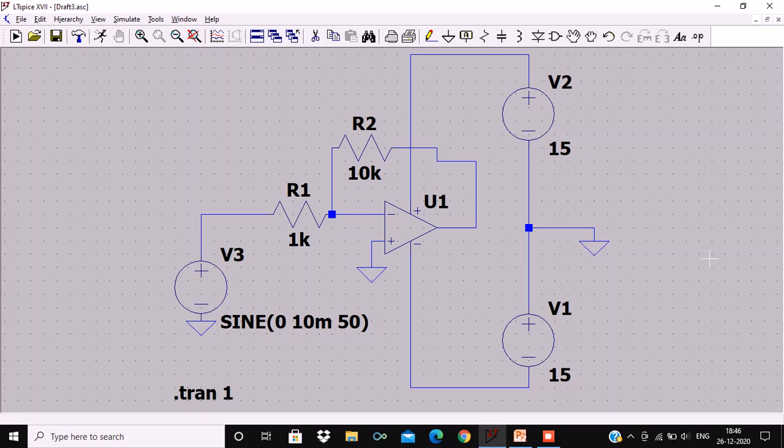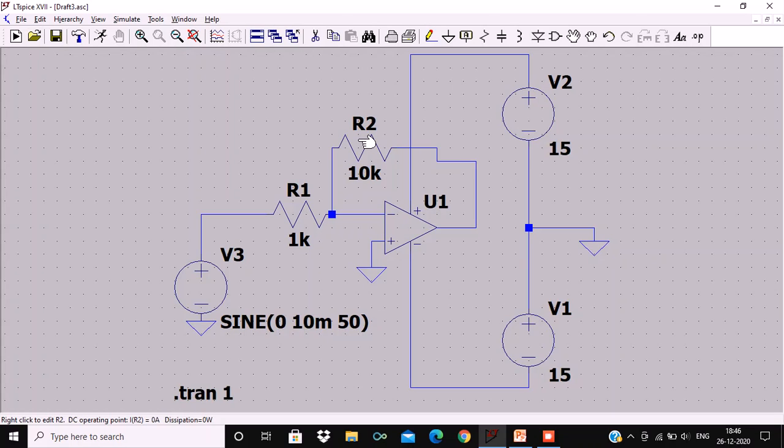For this purpose, we have to choose our two resistance. Let me choose my input resistance denoted by R1 to be 1 kilo ohm and the another resistance, which is feedback resistance, to be 10 kilo ohm. This will give me a gain of 10.